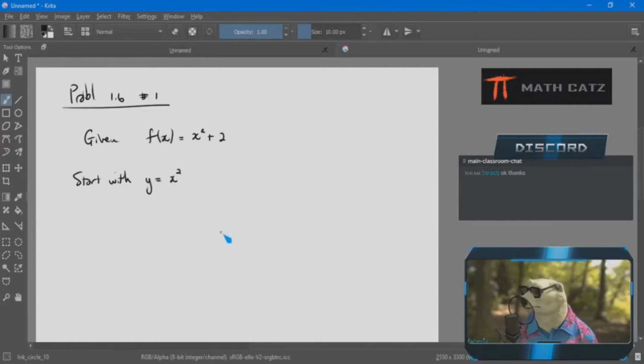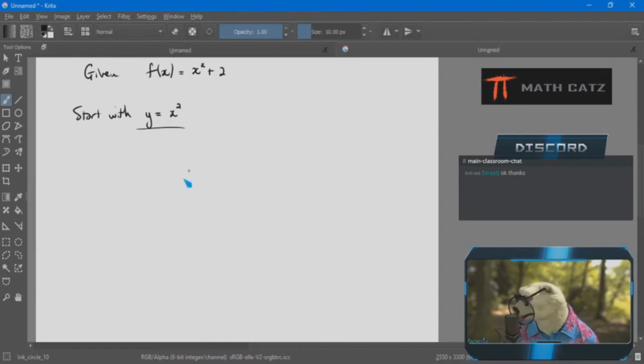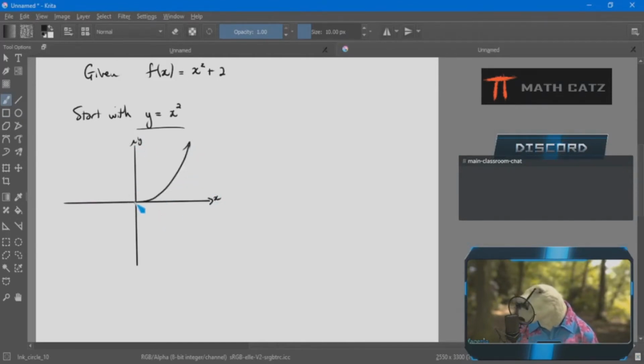So I'm going to start with my basic function, which is y equals x squared, and I'll draw the graph at the bottom here. Doesn't have to be big. Label parabola. Ooh, that was nice. That was a nice smooth parabola. But this other side is going to be a mess.